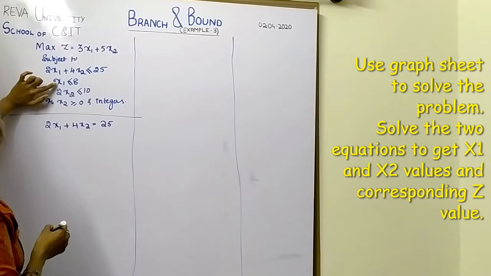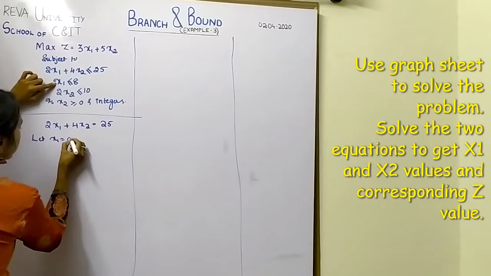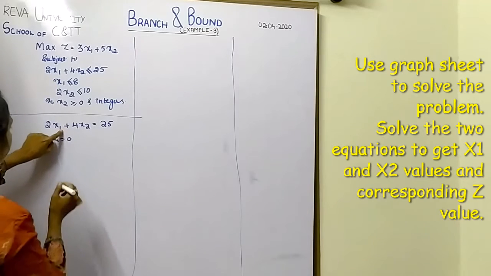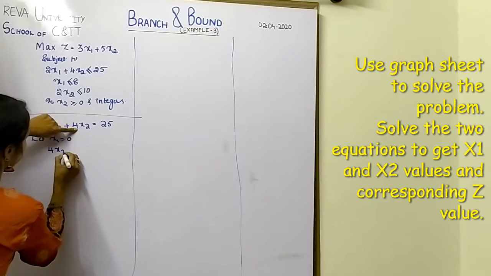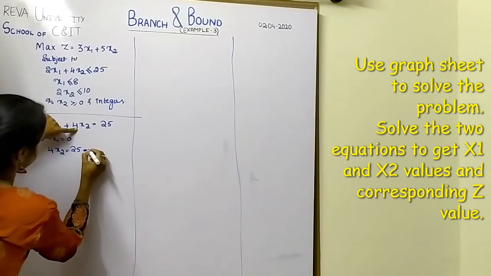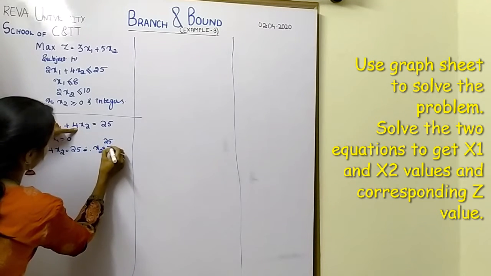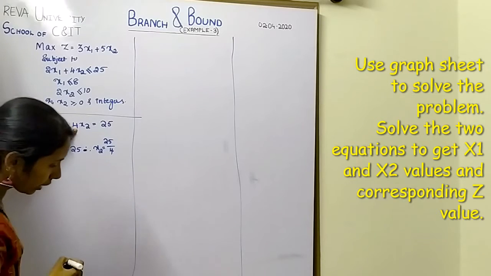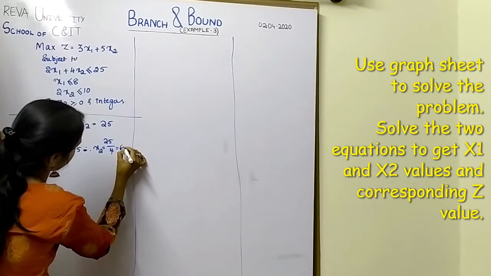Let's consider x1 is equal to 0. If x1 is equal to 0, this becomes 4x2 equal to 25, which in turn makes x2 equal to 25 by 4. So this becomes 6.25.